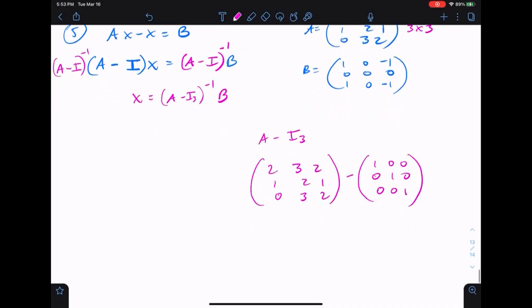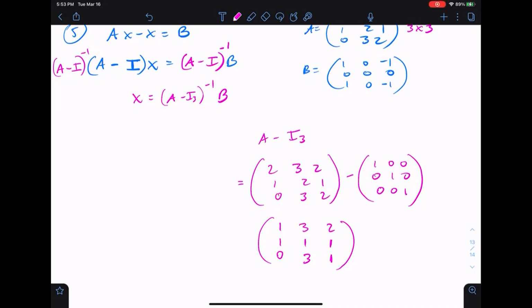Let's do the computation. We just subtract: 2 minus 1 is 1, then 3, 2, 1, 1, 1, 0, 3, 1. So this is A minus I3.